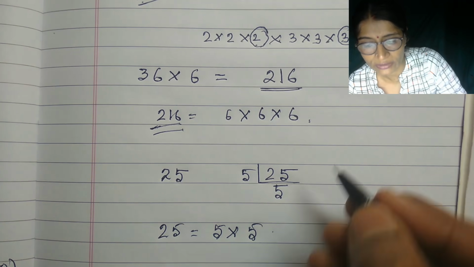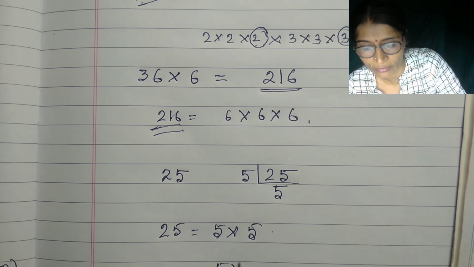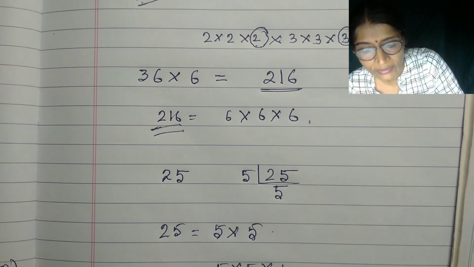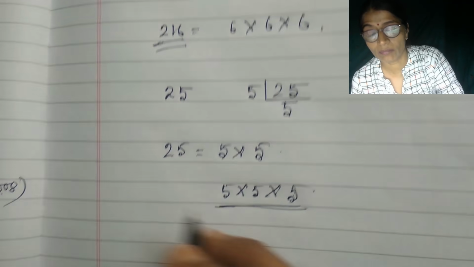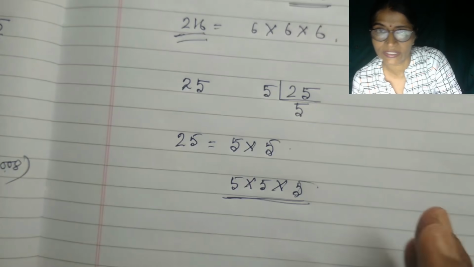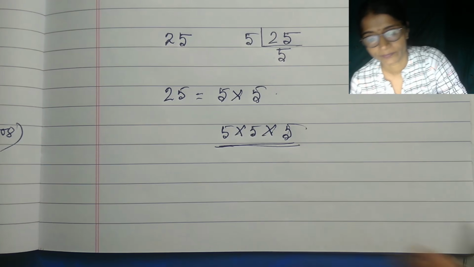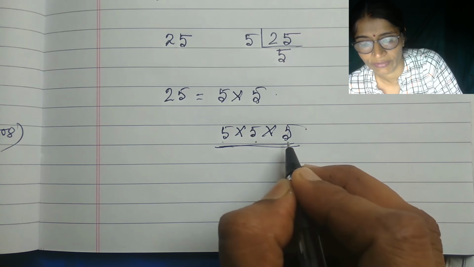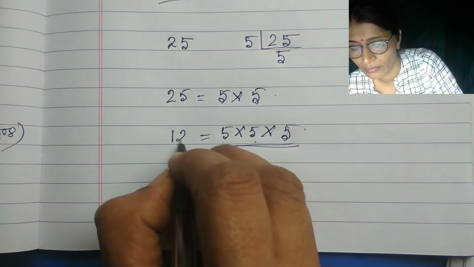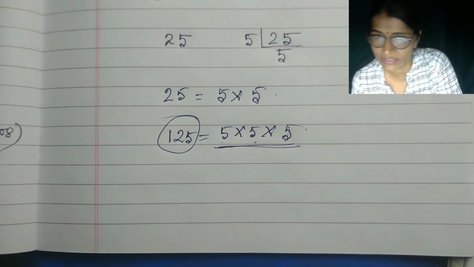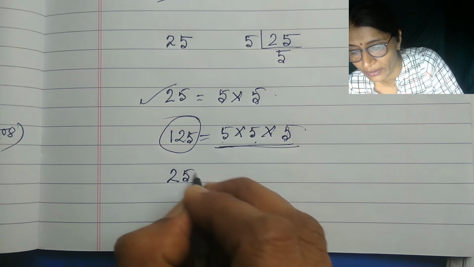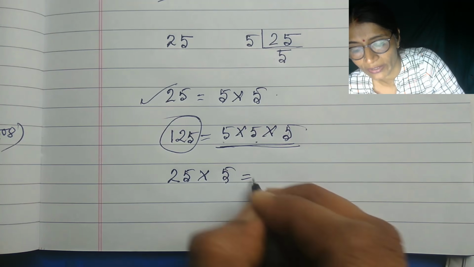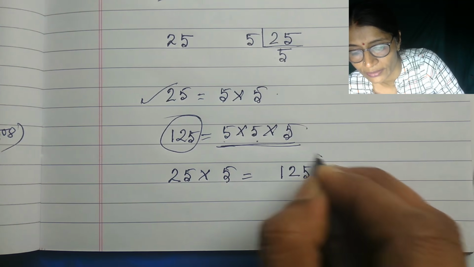So to make the triplet, what do I have to do? 5 into 5 into 5. Then whatever number is formed will become a perfect cube. And I know that 5 into 5 into 5 is 125. So 125 is a perfect cube. It means if I multiply this 25 by 5, then whatever product is formed is a perfect cube.